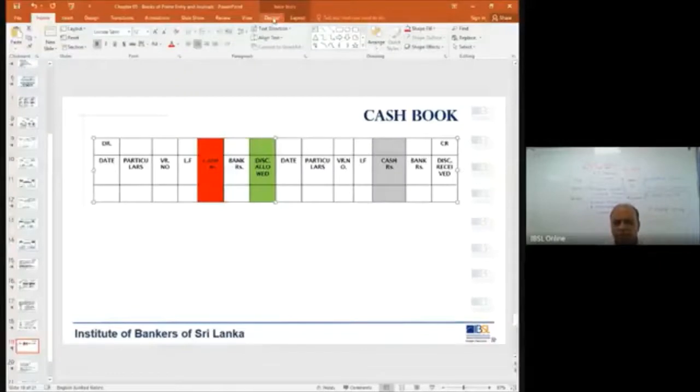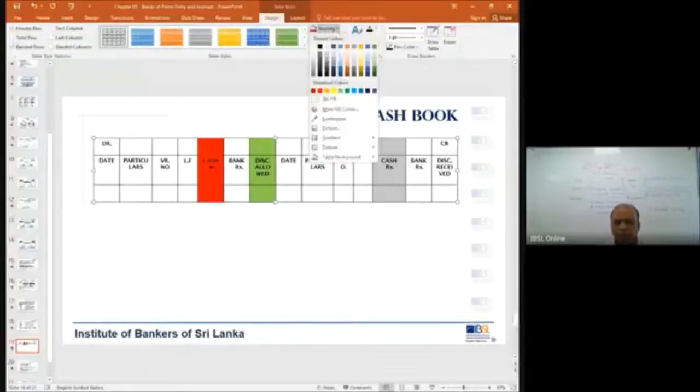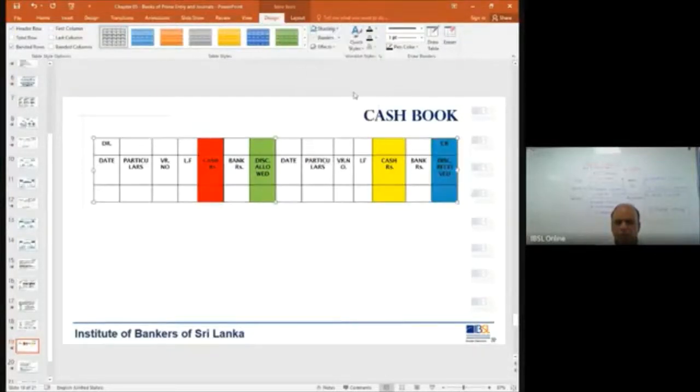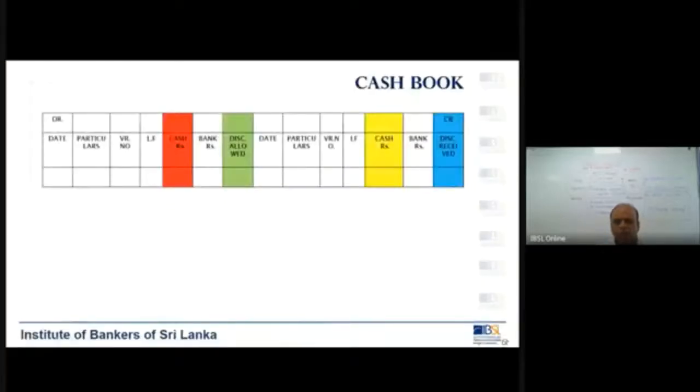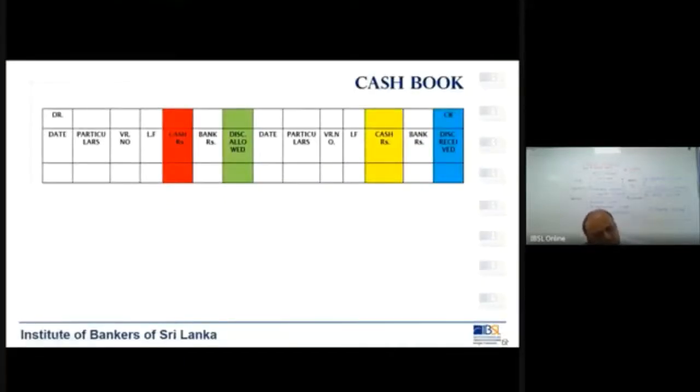So I will mark it in a color, let's say in yellow, and we'll mark this in blue. Right. Now let's see. In the case of a credit purchase, if you are offered a cash discount, then you will pay only a lesser amount and the balance part you will record as a discount received. That is, the company will receive a discount.